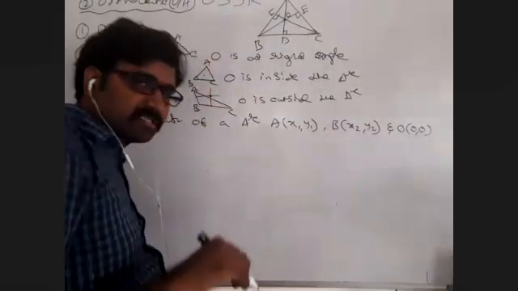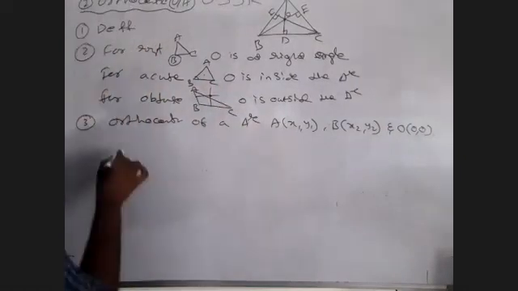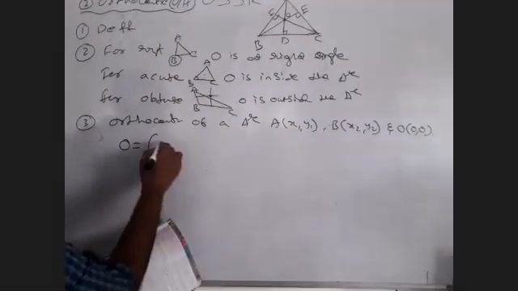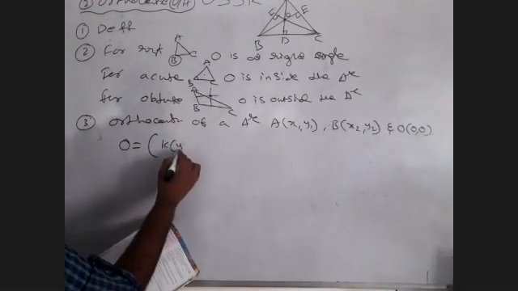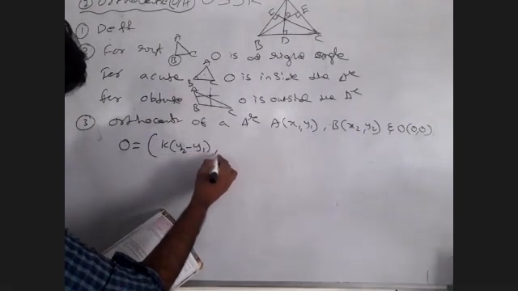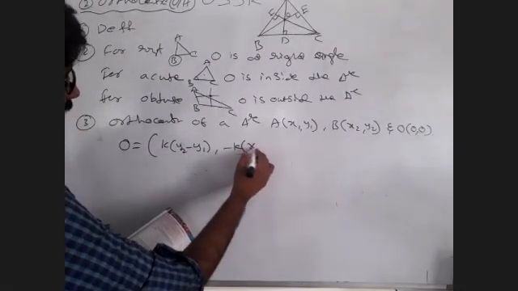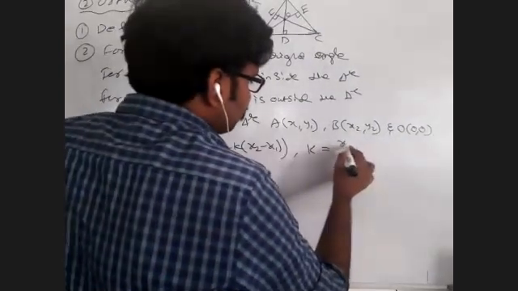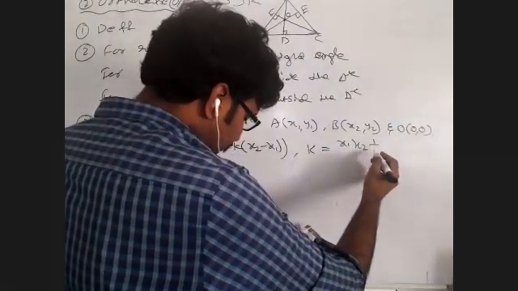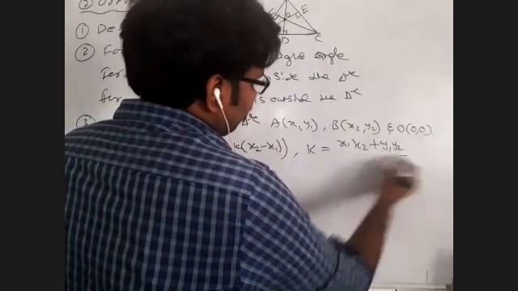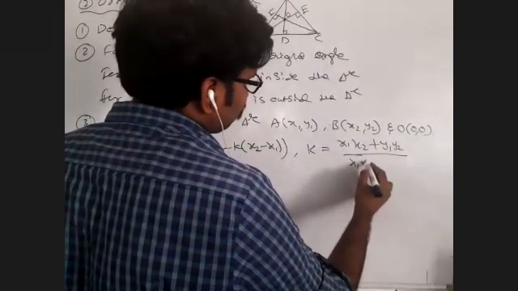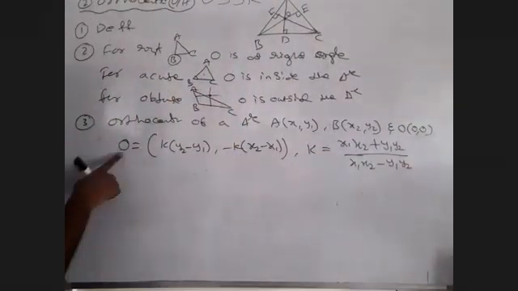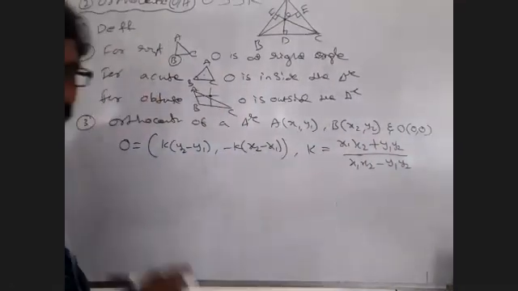If one of the vertices of a triangle is 0, 0, then the orthocenter O is equal to, we have a formula: K into y2 minus y1, minus K into x2 minus x1, where K is equal to x1 x2 plus y1 y2 by x1 x2 minus y1 y2. First you have to find the K value, then substitute. Here you will get the orthocenter, if one of the vertices is 0, 0.